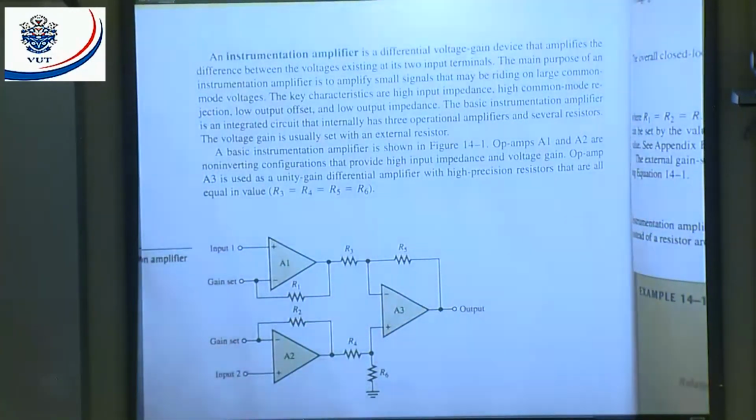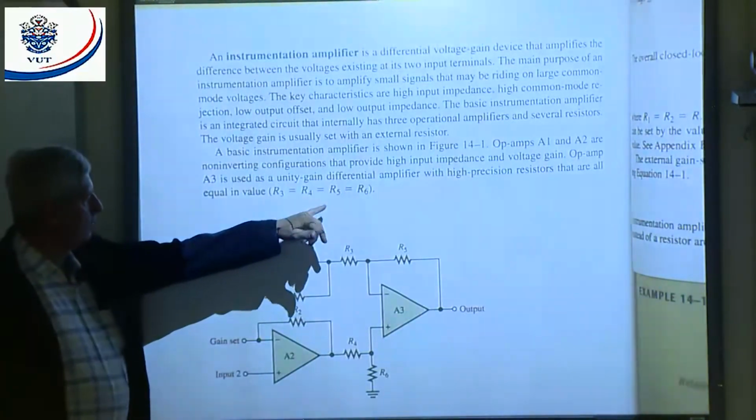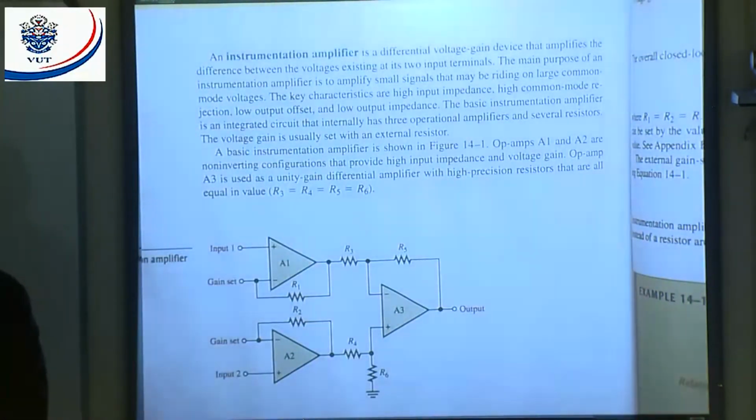Op-amps A1 and A2 are in non-inverting configuration and provide high input impedance and voltage gain. Op-amp A3 is used as a unity gain differential amplifier with high precision resistors that are all equal in value. There you can see the high precision resistors R3, R4, R5, and R6. That means they have very small tolerances.